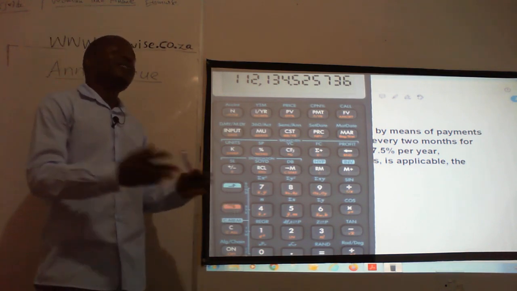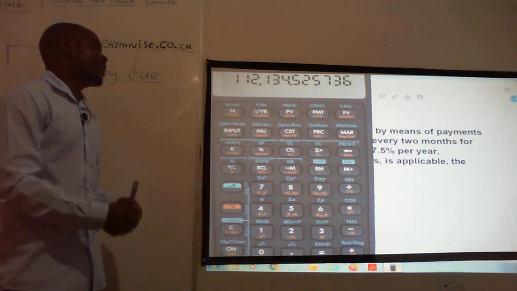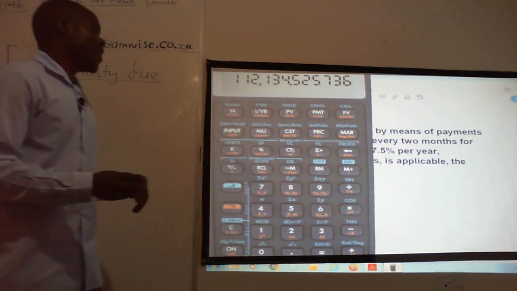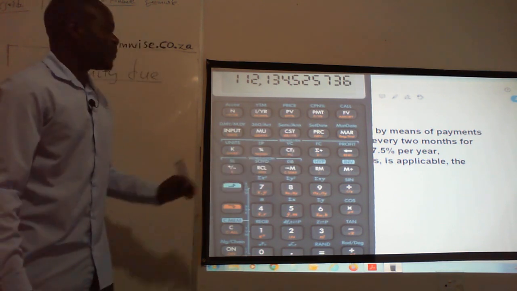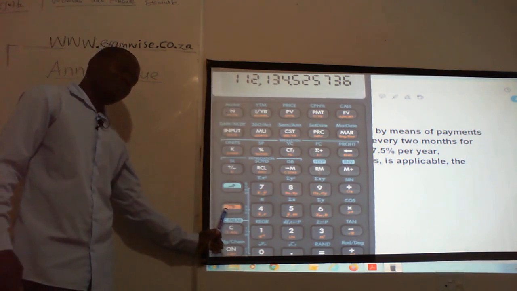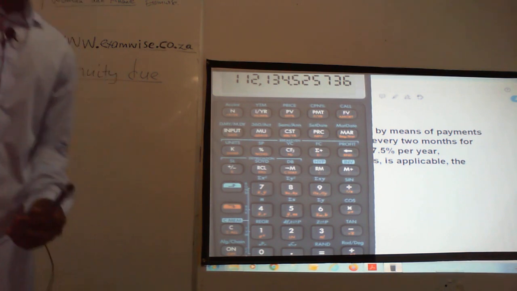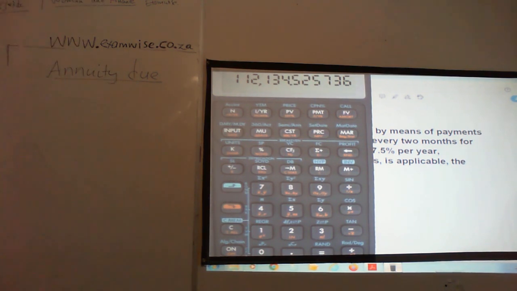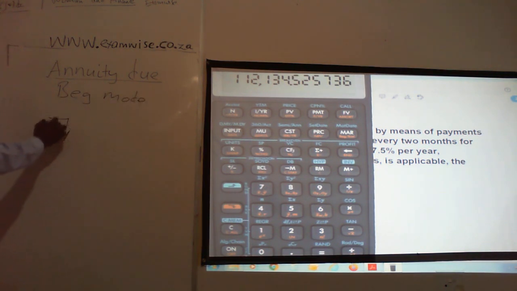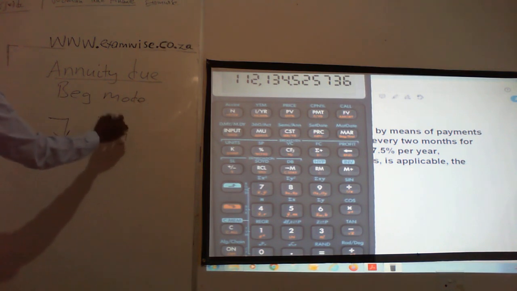Our calculators are designed to work in the end mode every time. But if we determine that we are dealing with an annuity due, we have to put our calculator in beginning mode. Since beginning is in orange, we start by pressing the down arrow, then we press BEG.